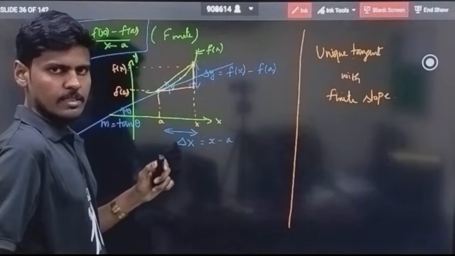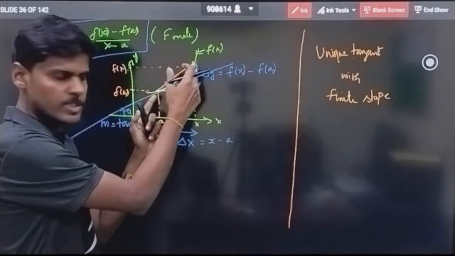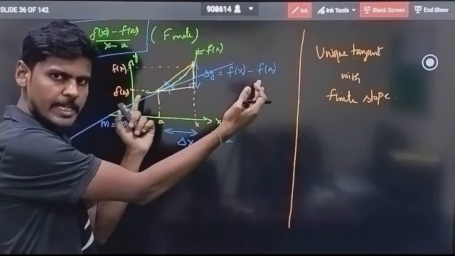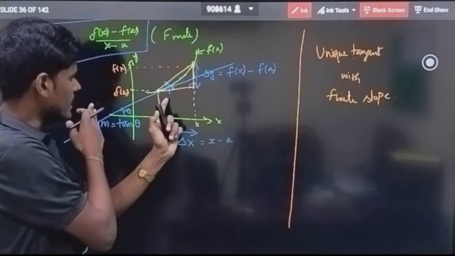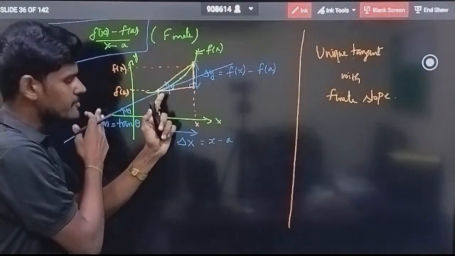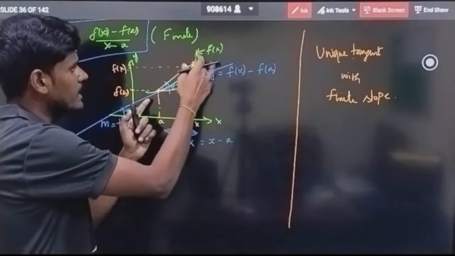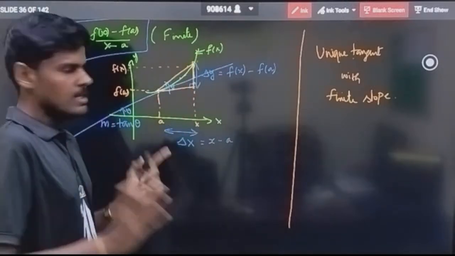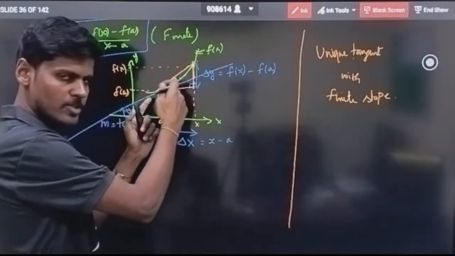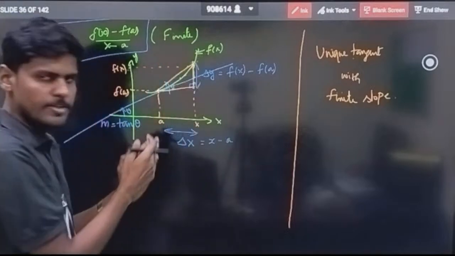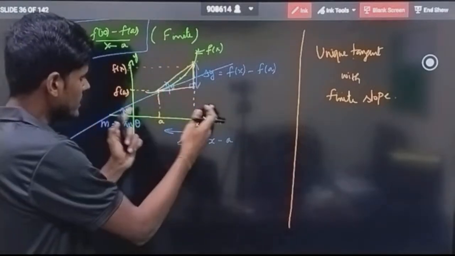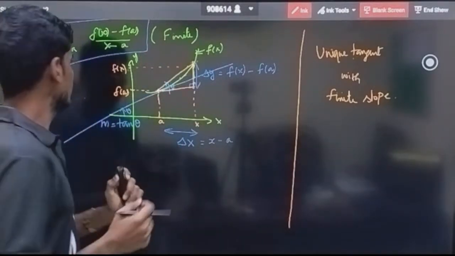This x point, we have considered this x point taken to the right side of a. Suppose we can also take the x point to the left side of a. Then this limit is actually nothing but the right hand limit. So f of x, when it gets closer and closer to a, from this given diagram, gives the value of the right hand limit.